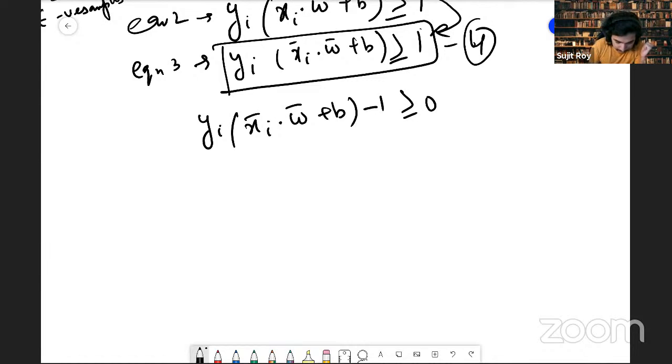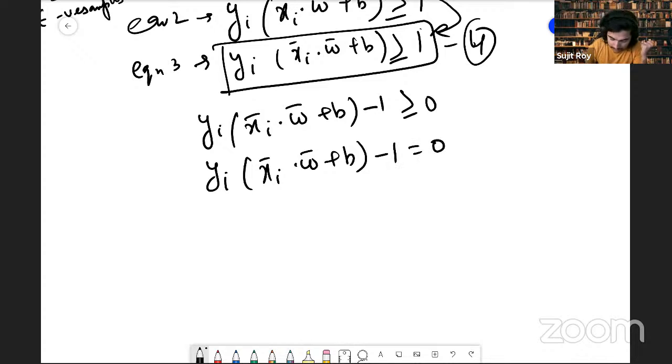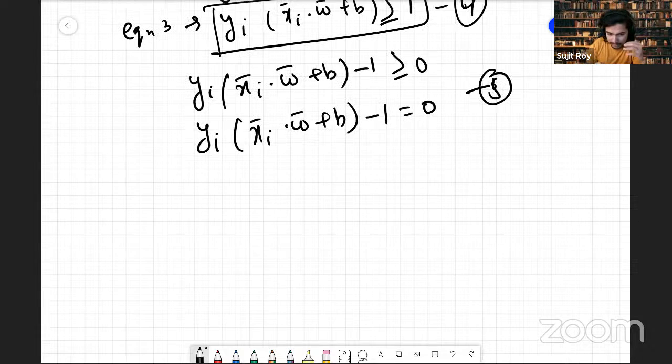Since we are trying to find this for the samples in the middle of the street, we can remove the greater-than part and just write y sub i x vector sub i into w plus b minus 1 is equal to 0. So this is the fifth equation. It is just simplifying it further.